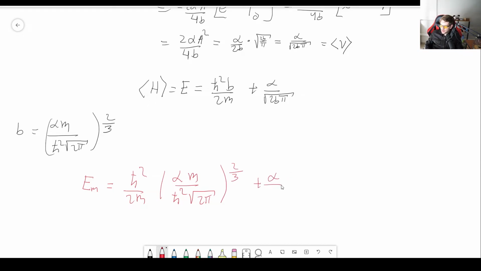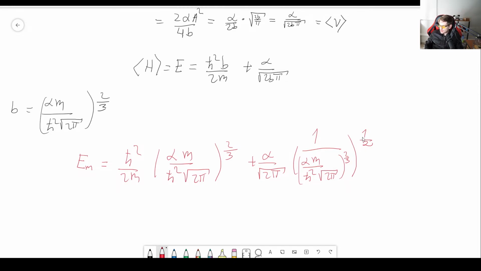So we get alpha over square root of 2 pi times 1 over square root of b. So we get alpha m over h bar squared square root of 2 pi, and this thing is to the 2/3 power, but all of it is to the 1/2, right? It's the square root of b.